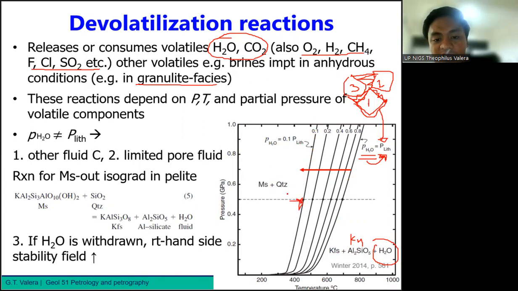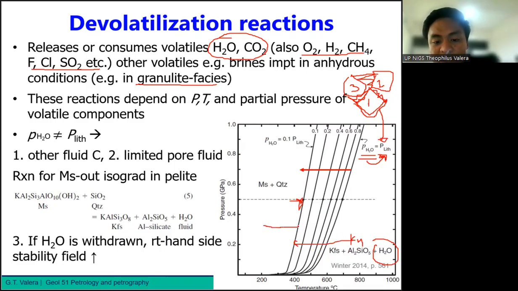So for example, alkali feldspar and aluminum silicate react immediately at low temperature to form muscovite and quartz, for example kung retrograde. Kung prograde, the reverse is true.